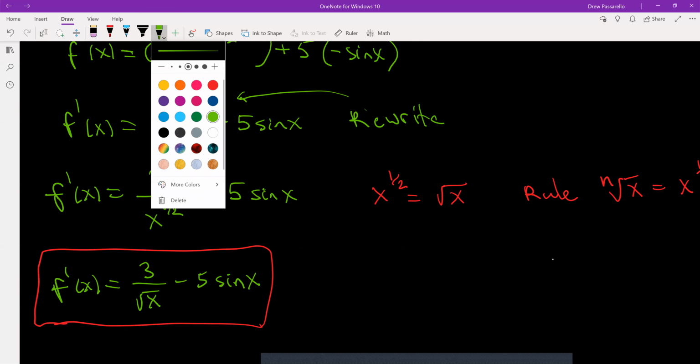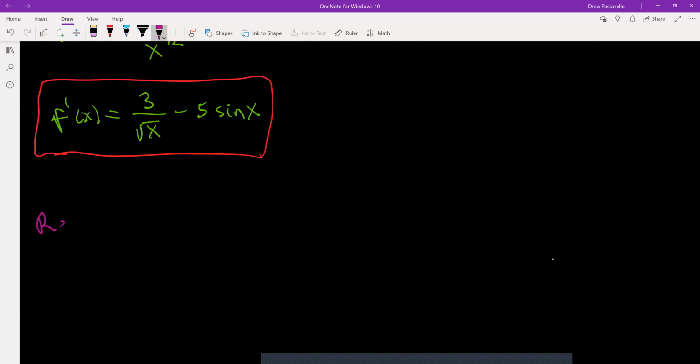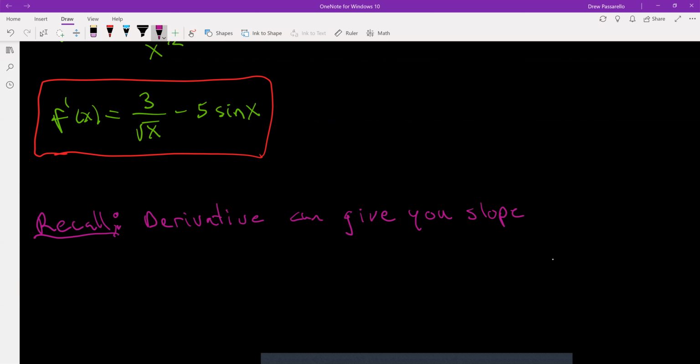Now, recall that the derivative function can give you the slope of the tangent line for any point.